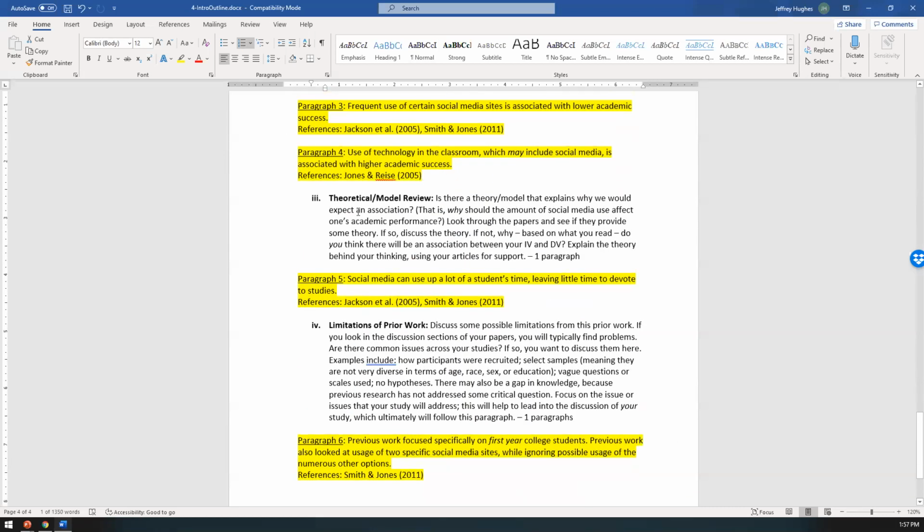Then this next one, your theoretical model or review. So this is where research will say, hey, here's why we think that your independent variable is related to your dependent variable. And now I want you to bring it up here in a paragraph. Well, what did they say? For this particular student's paper, it looked like they were talking about social media and grades.